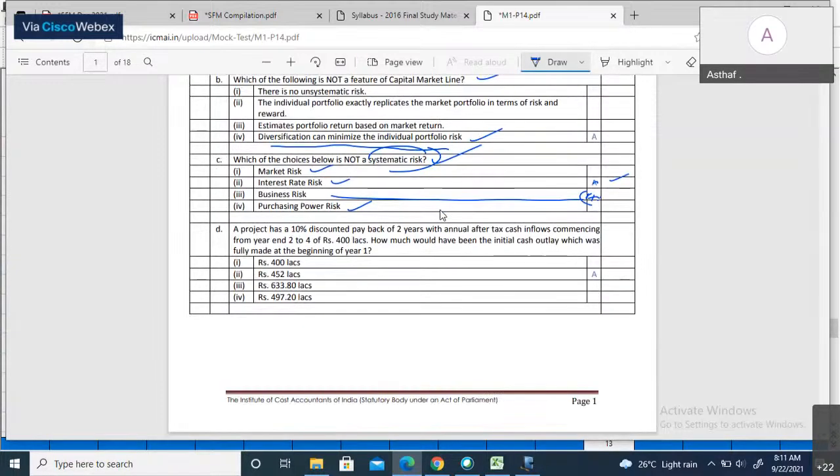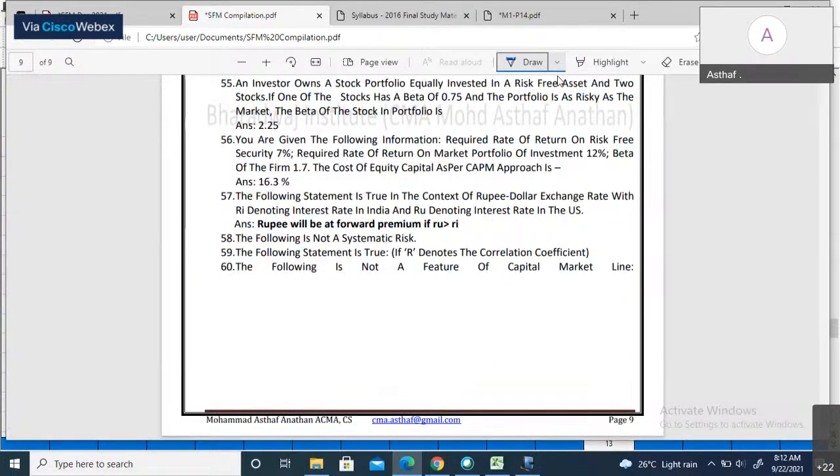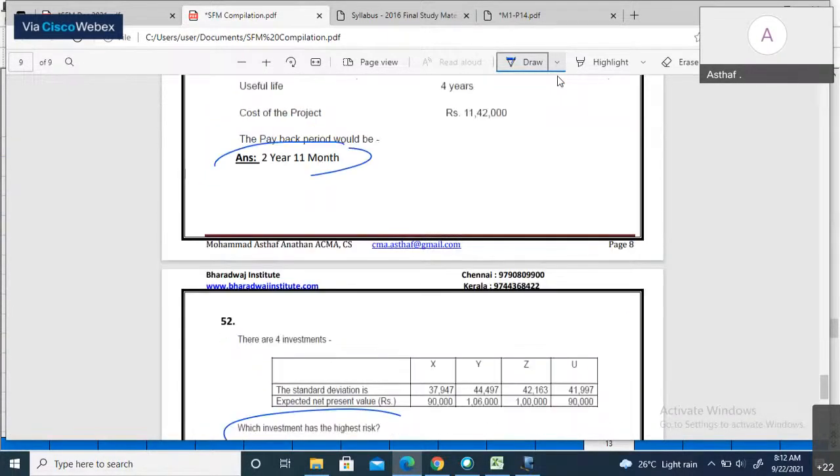Here onwards, problems are coming. These problems are nothing but what I have given you to practice. These problems only are coming.